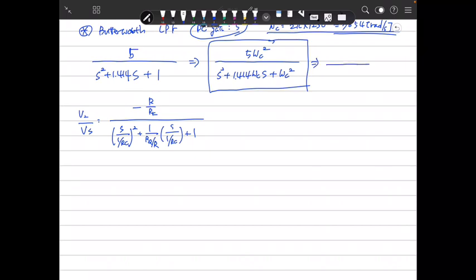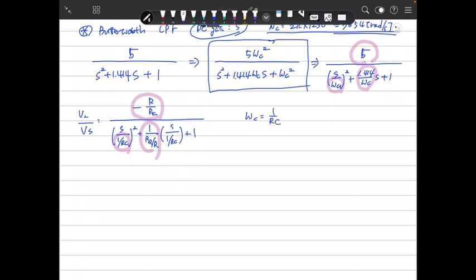So we need to represent the Butterworth low pass filter. What is that? S, omega c squared plus 1.414 omega c S plus 1, and 1. And this is 5. So we need to make the variables like that. Then their values look like that. So from here we got it.